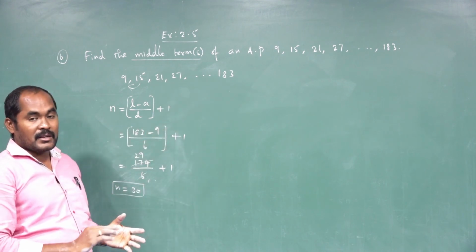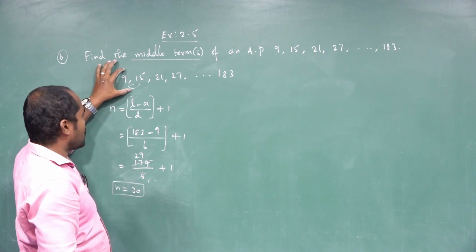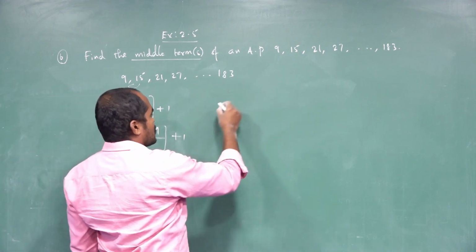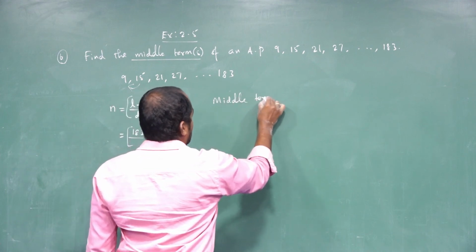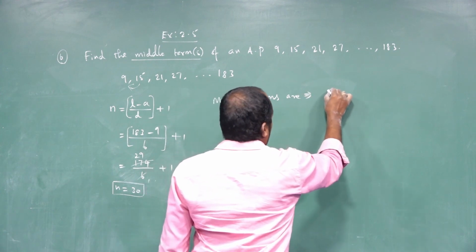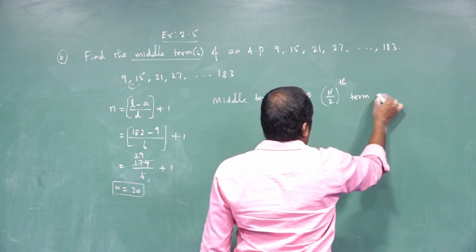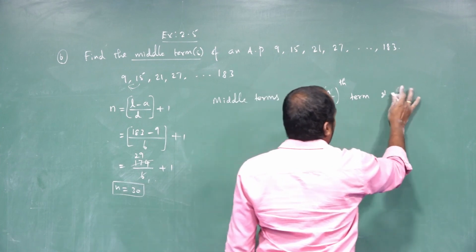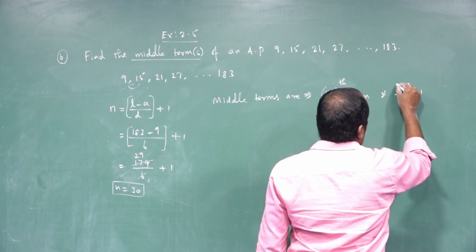But we have to find the middle term. So totally there are 30 terms, that is an even number of terms. Even number of terms means how to find the middle term? Therefore the middle terms are the n by 2th term and the n by 2 plus 1th term.